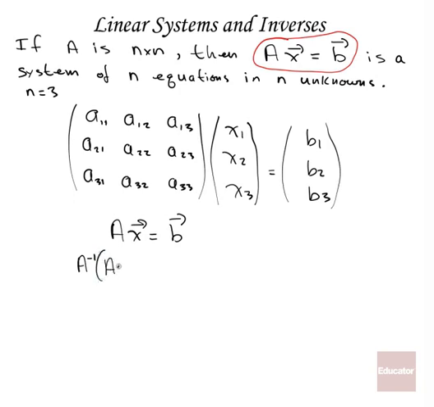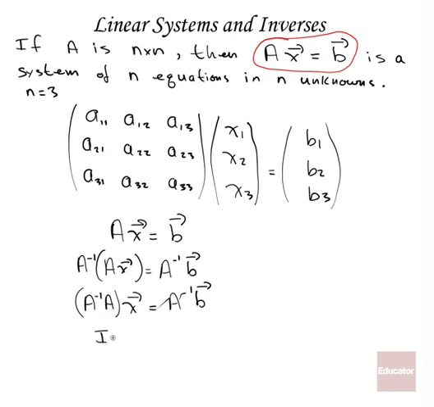A inverse times Ax equals, well, A inverse times B. Well, properties of matrices, this times that, associative. So why don't I just associate these two? So I can write this as A inverse times A, put those together, times X, equals A inverse times B. Well, A inverse times A, it's just the identity matrix.